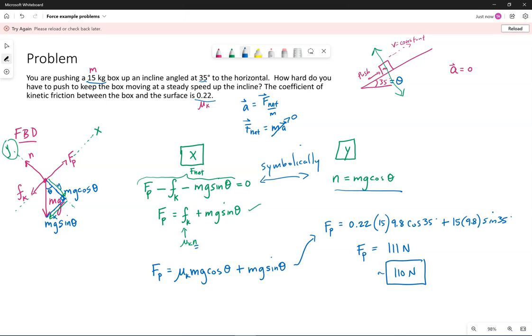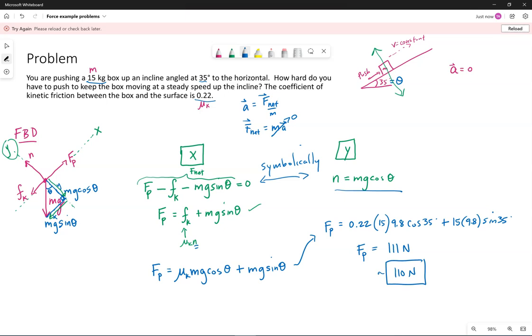And again, another reason for doing that is we could easily give a problem like this and you're told the force of push and that the box is moving at a steady rate up the incline, and you could be asked for the mass of the box or the angle of the incline. So it's really easy to just interchange what information is given versus asked for.